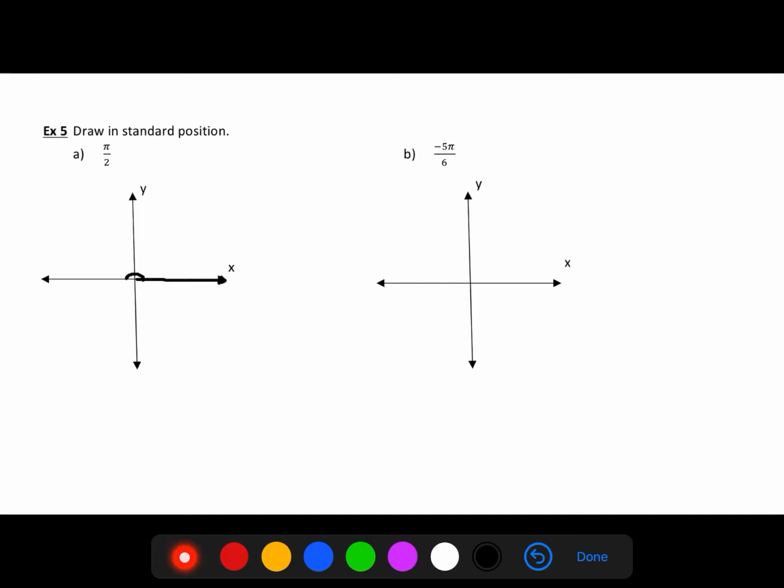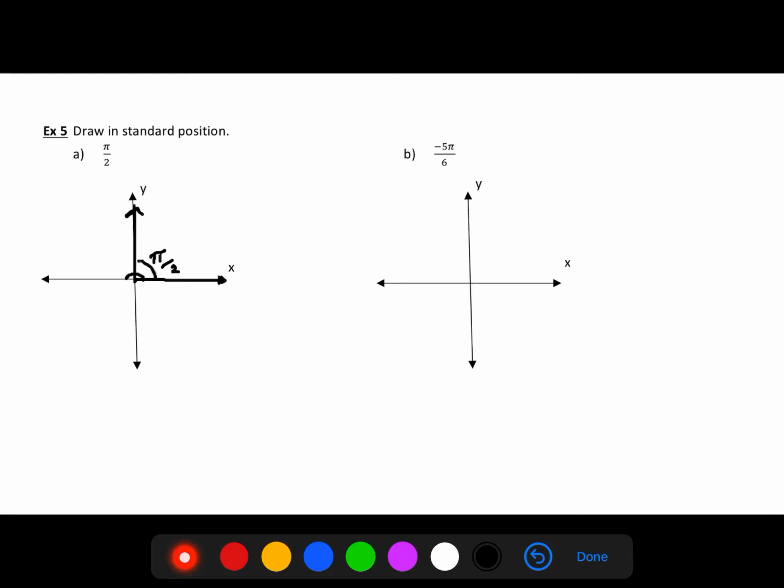Well, if we have pi over 2, we know that we're going to have half that distance, which means that our terminal arm is on the y-axis, which is a 90-degree angle. So we know that pi over 2 equals 90, and we can draw our terminal arm that way.